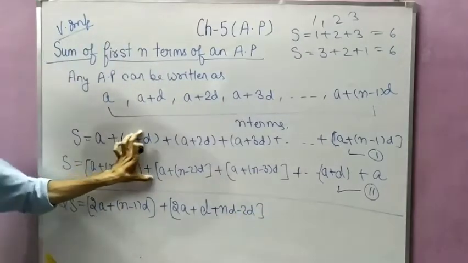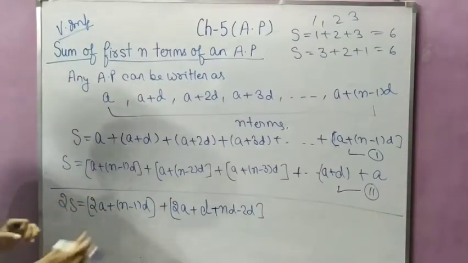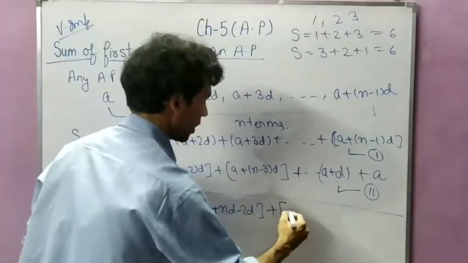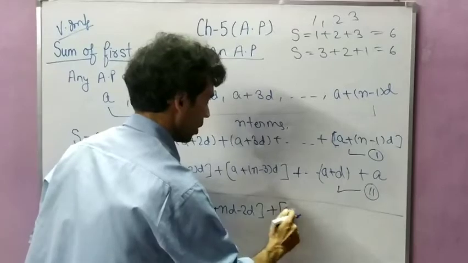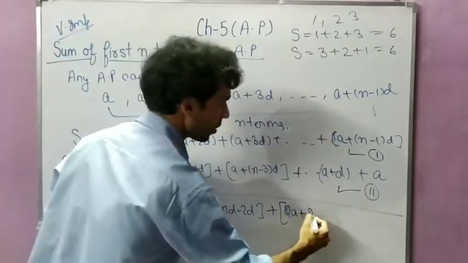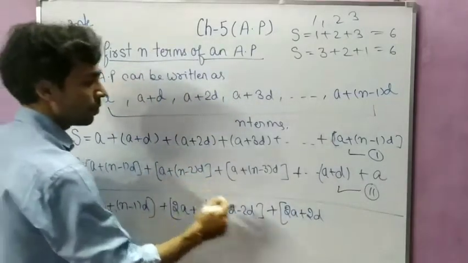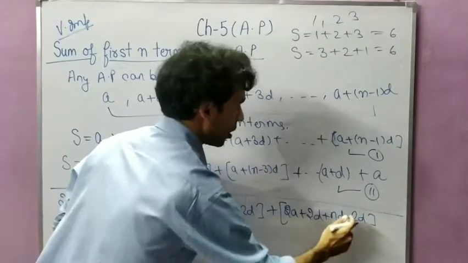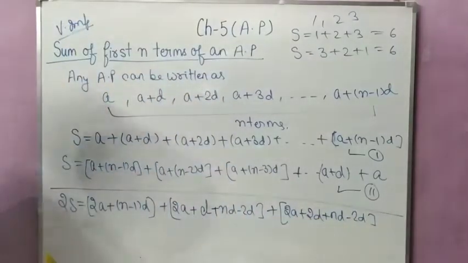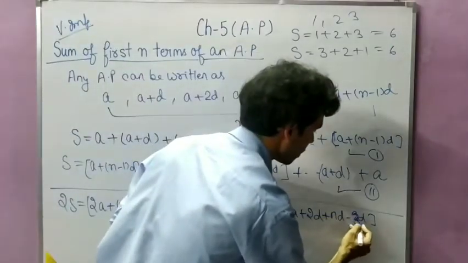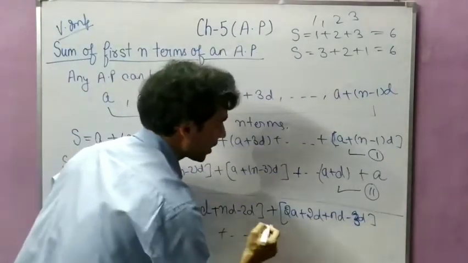When you solve these two, you get 2a plus n minus 1 d only. Now the third case will be 2a plus, see, here is 2d and here will come n d minus 2d, so n minus 1 d, sorry, n d minus 3d plus 3d. Like this we keep adding.